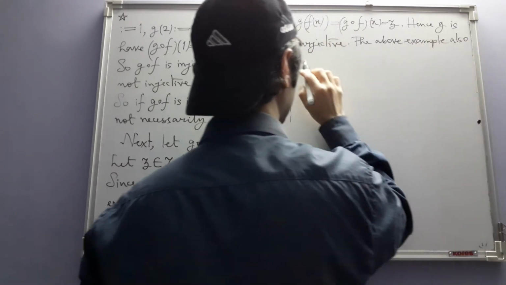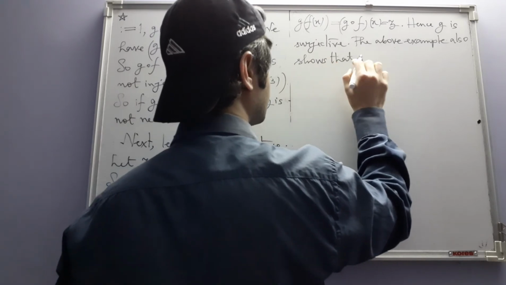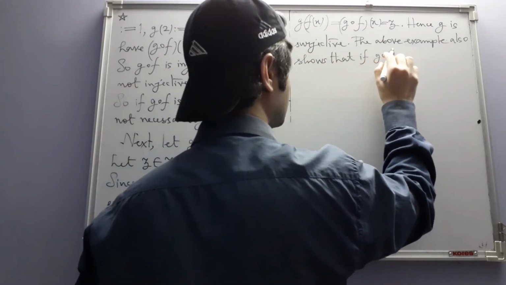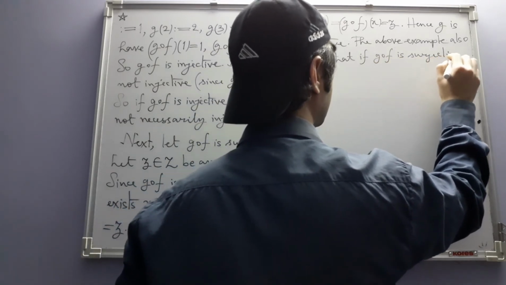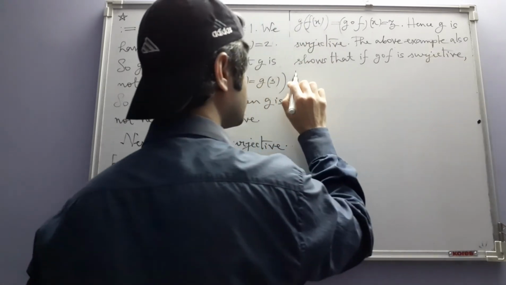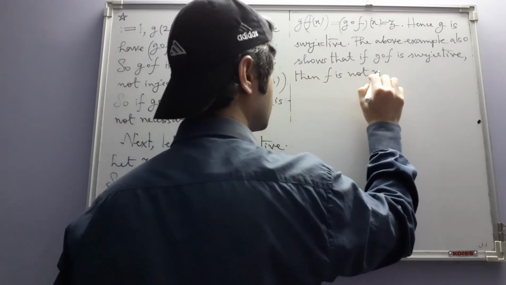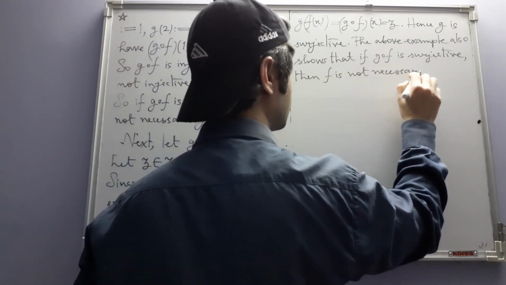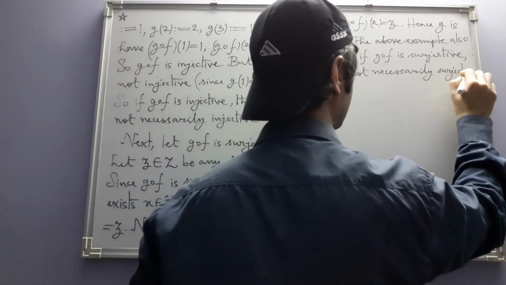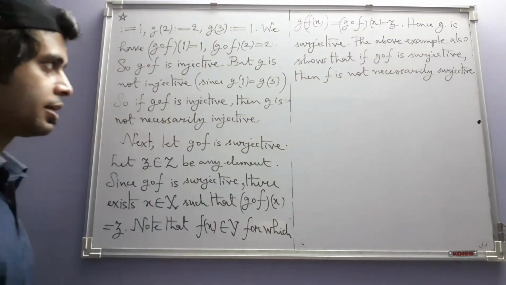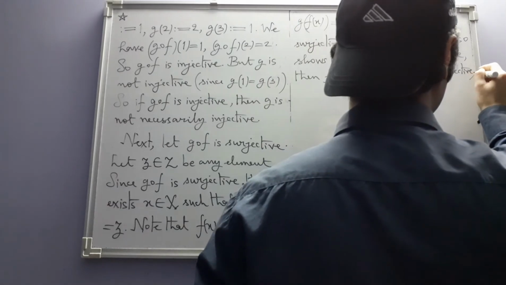The above example also shows that if G composition F is surjective, then F is not necessarily surjective. One can look at the example and see why, but here the solution ends.